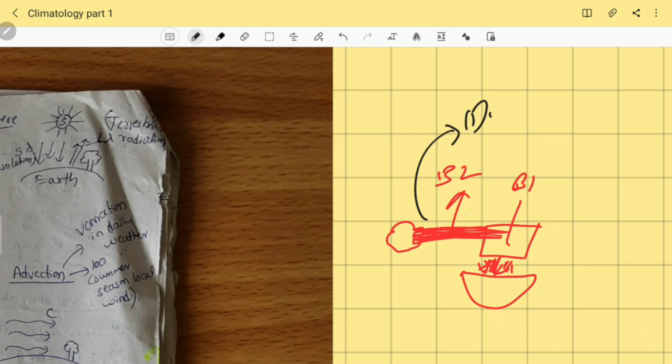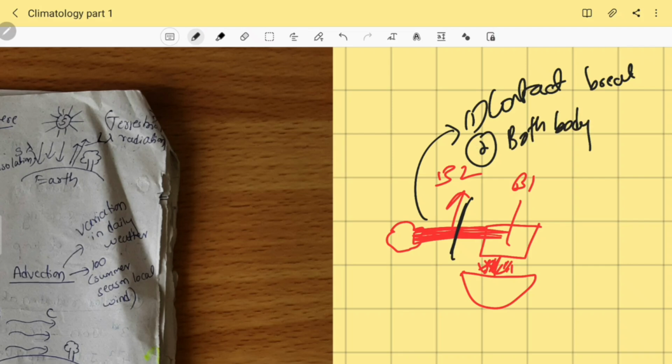First, there is a break in the contact, or second, both bodies attain the same temperature. If they attain the same temperature, then the process stops. So this is about conduction.